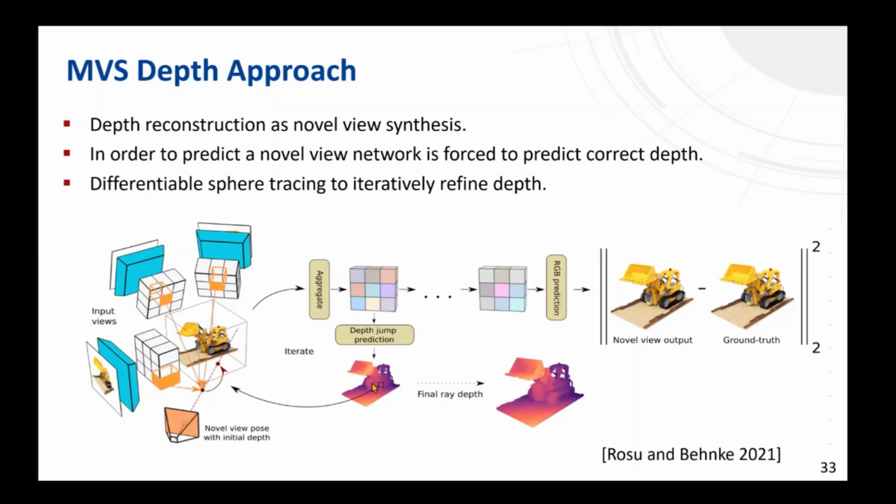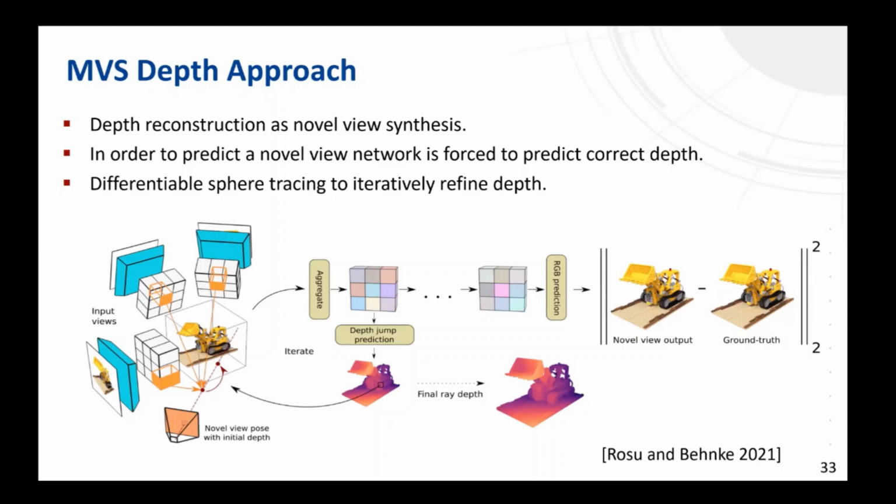He starts with coarse resolution depth estimates, and within a few iterations refines this to high resolution RGB prediction and depth estimates. Only if the depth is correctly estimated can the RGB value of the novel view pixel be estimated correctly.